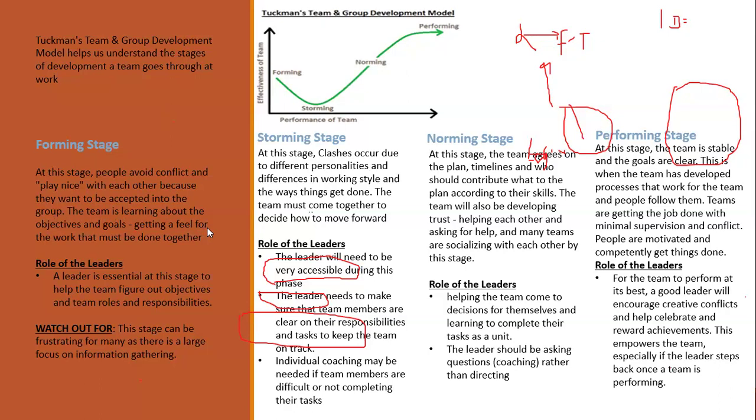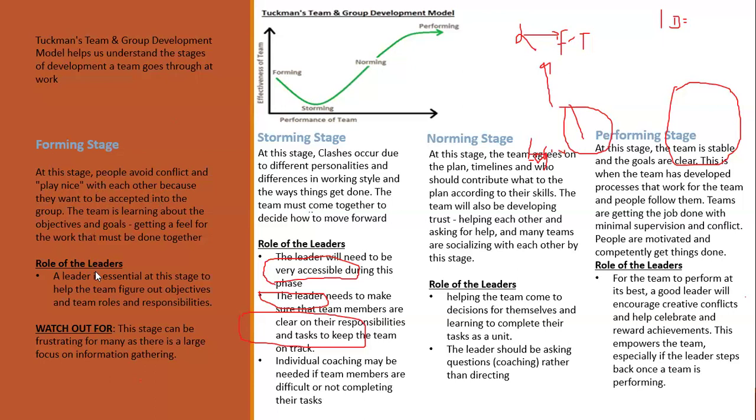So this is where the Scrum Master, if this is your team, is supposed to be with them all the time, because you need to help them figure out the objective and their roles and responsibilities. For me, the way I work, if this is a new team that just came to me, I'll first of all introduce myself and drop notes for you guys on the first things you need to do, giving you steps.